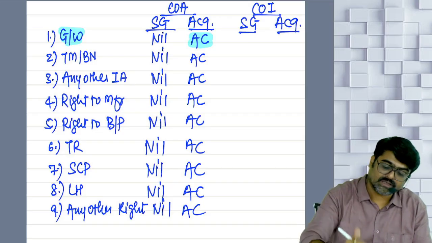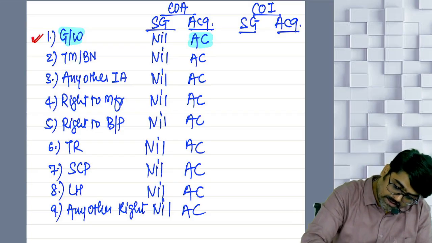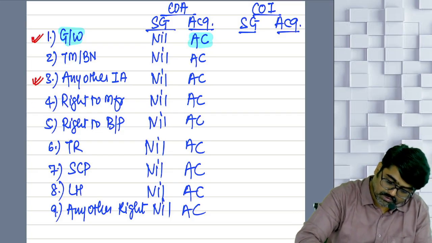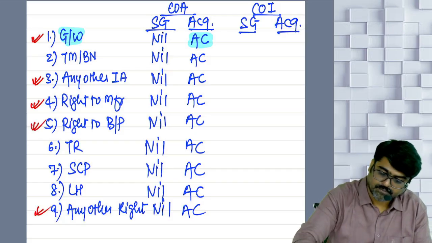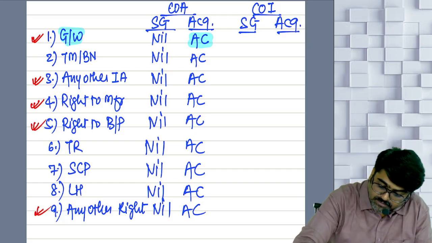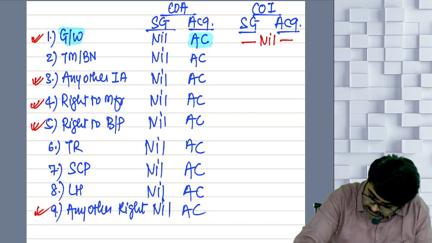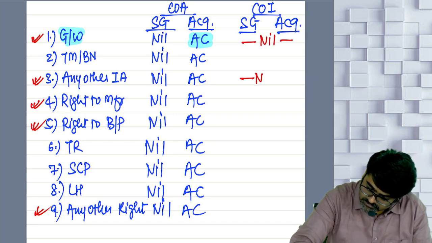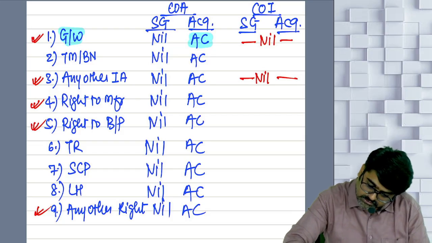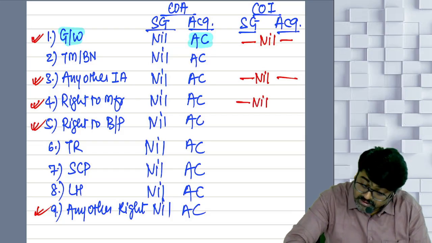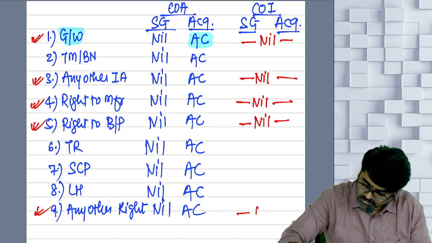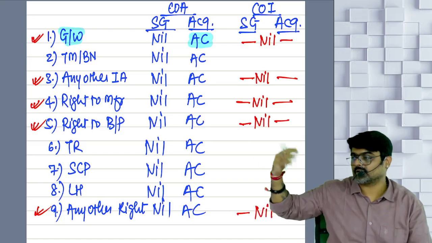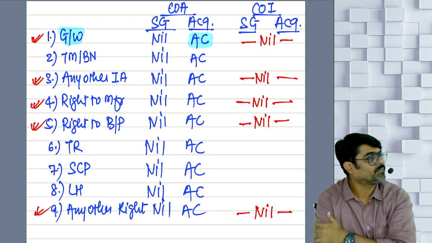So as per section 55(1), 1, 2, 3, 4 and 5, cost of improvement will also be taken as nil, whether they are self-generated or acquired.